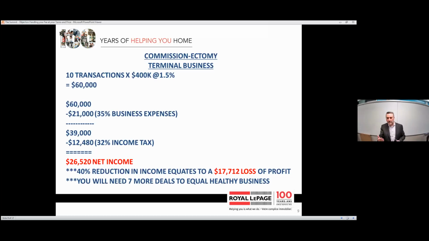But this model can be dropped even lower in our business because, of course, there are folks that do listings at, say, 3.5%, right? So now we're not even at 1.5%, we're at 1%. Try the math on a slide after this class, what 1% looks like, using these same figures, and see how many more deals you'll need.